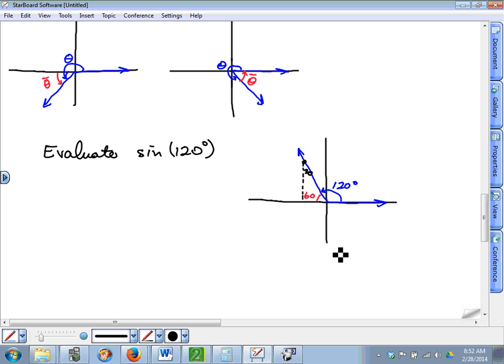We have 30 degrees, we have 60 degrees, and we can label this similar to the 30, 60, 90 triangle that I drew earlier, but we have to be a little more careful because this point is negative x comma y because it's in the second quadrant, so we go over to the left and then up. So this actually is negative 1. This is the square root of 3, and that's positive 2.